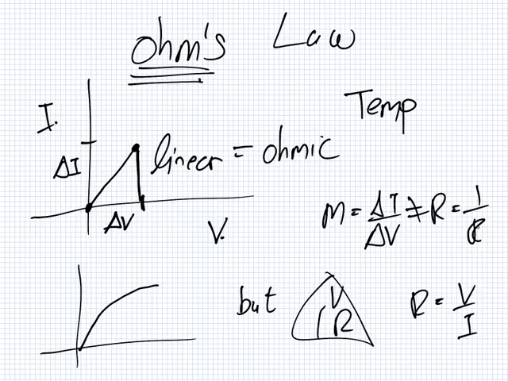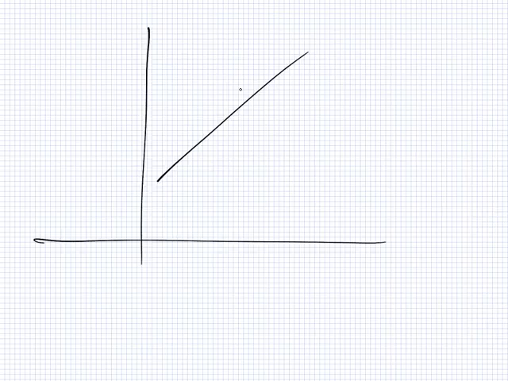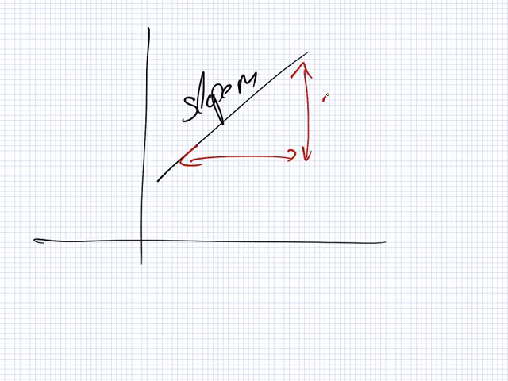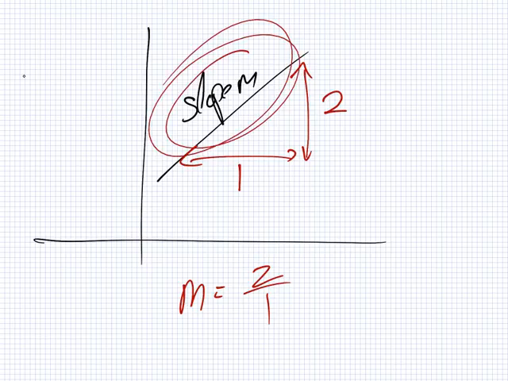You don't look happy. In fact, you look shocked. What's wrong? If you have a line and you want the slope, the M, for example, if this is 2 and this is 1, we say the slope is 2 over 1. That's what this means. Delta y upon delta x.